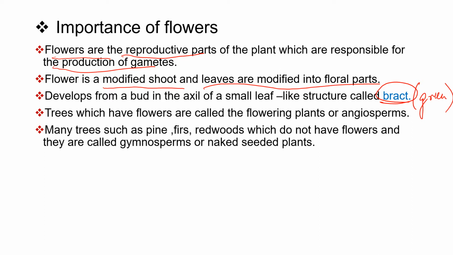Now plants which have flowers are called flowering plants, such as angiosperms, and many plants which do not have flowers, such as pine, firs, redwoods, are called gymnosperms. So we have divided plants into two parts: angiosperms, which have flowers, and gymnosperms, which do not produce flowers.